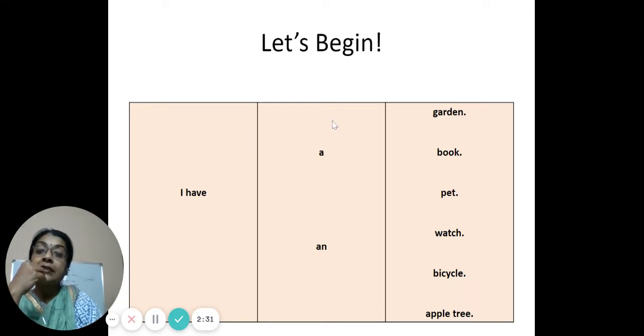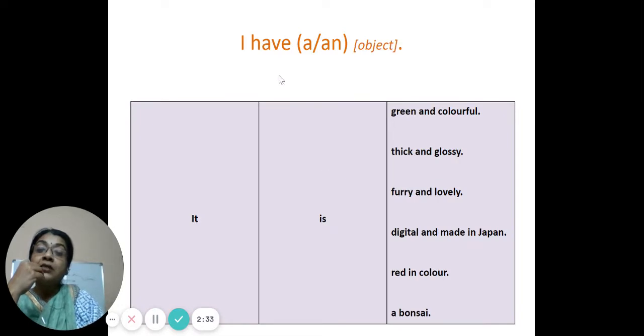Moving to the next. Now this is the second substitution table. In this table, you can see students cannot choose the sentences or cannot frame the sentences randomly as they have done in the previous slide.